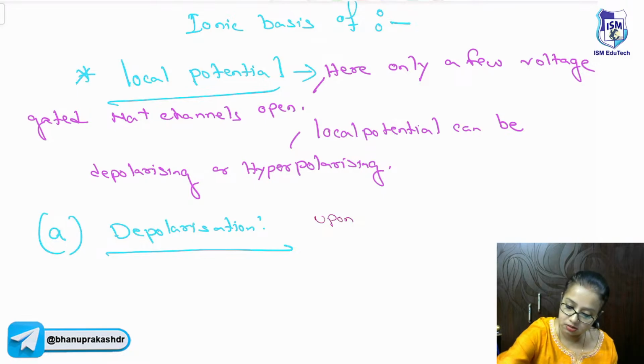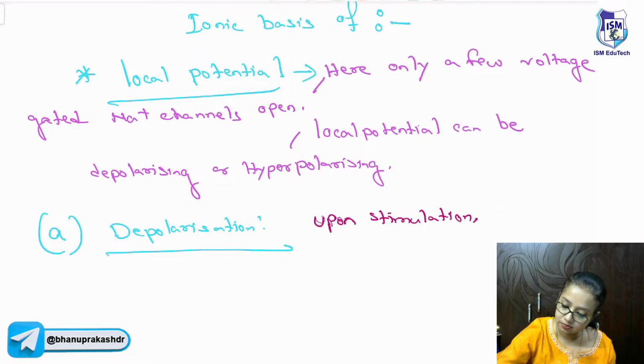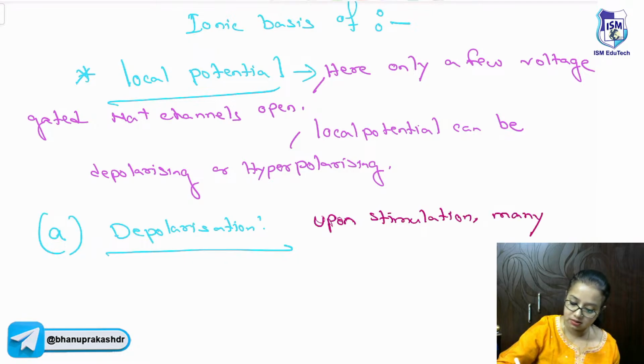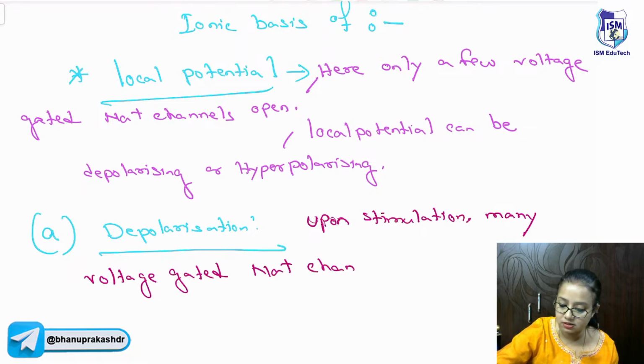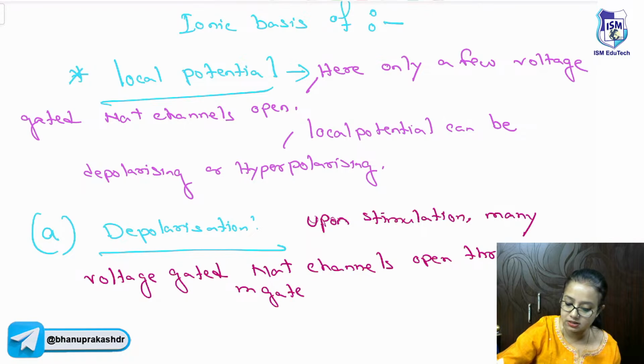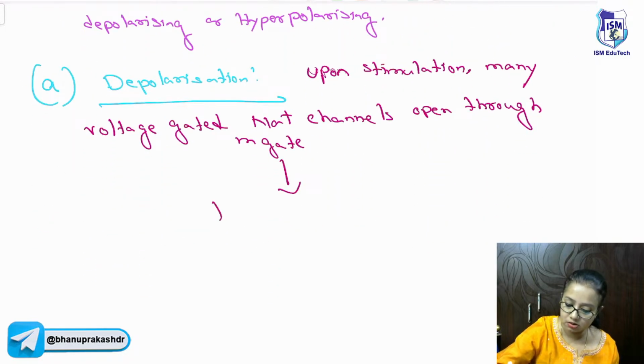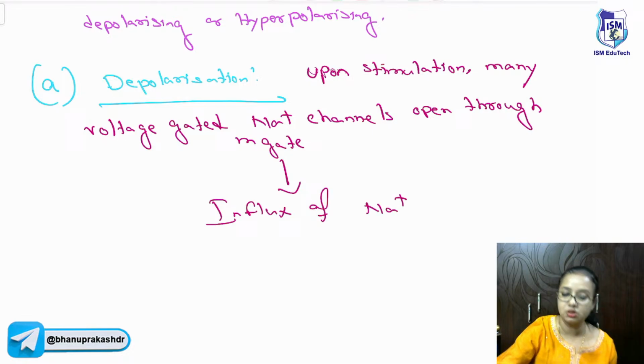Upon stimulation, many voltage gated sodium channels open through the M gate, and it causes influx of sodium.